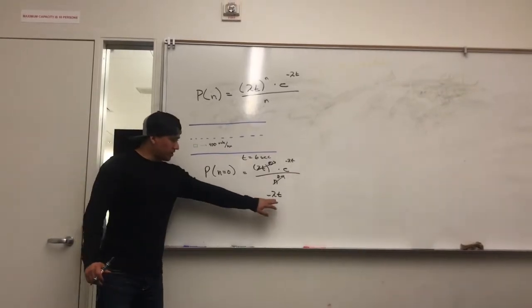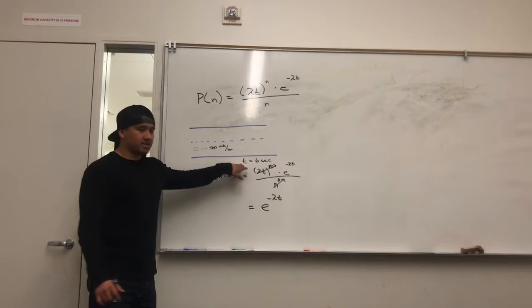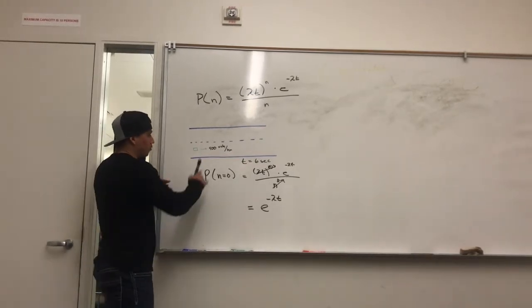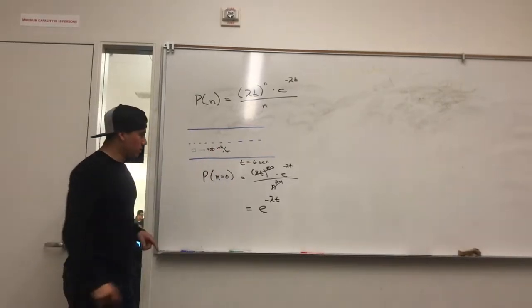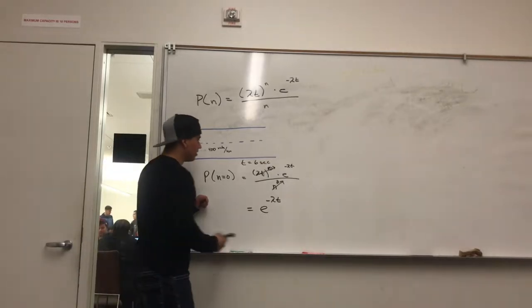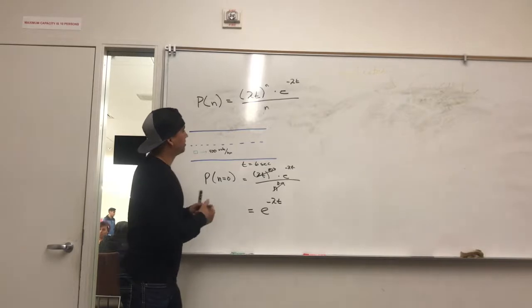So before plugging our lambda in, we can see that our time is in seconds. So we want to convert our flow rate, rather than vehicles per hour, to vehicles per second.